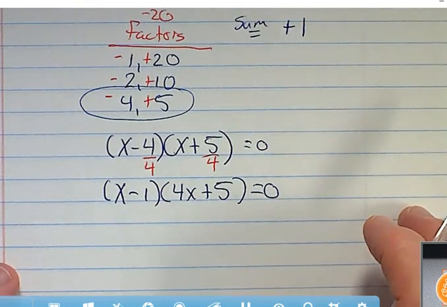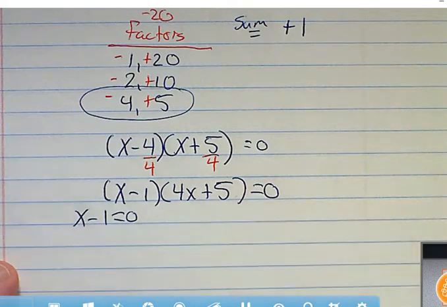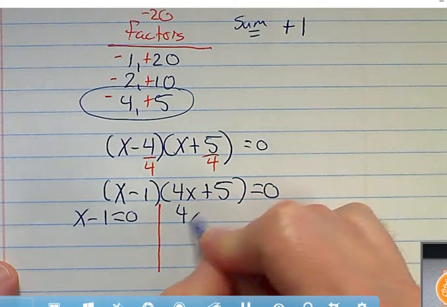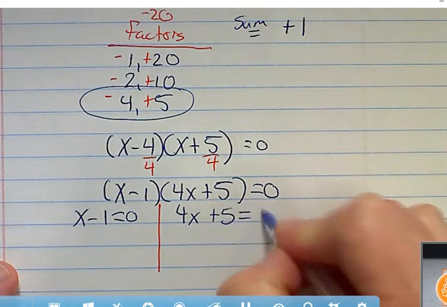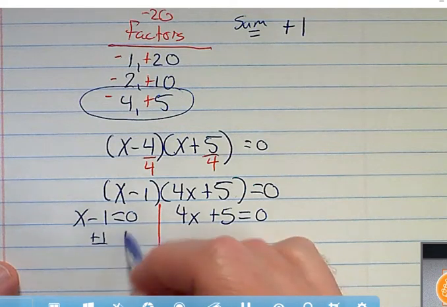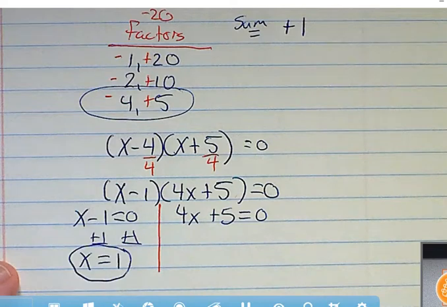Okay, so once the factoring is good, now again, just take each parentheses and set it equal to 0. And the first one, again, really just changing the signs. We're just going to add 1 to move it over. So we got x equals 1.